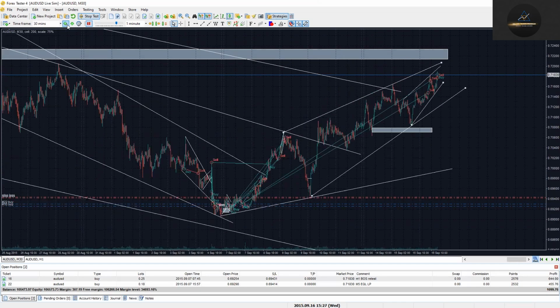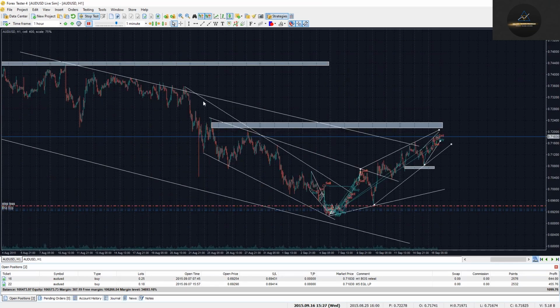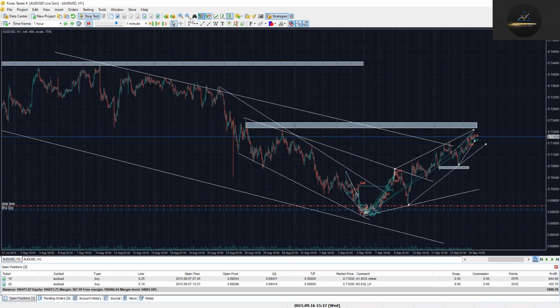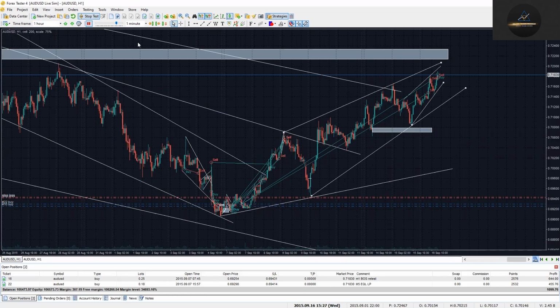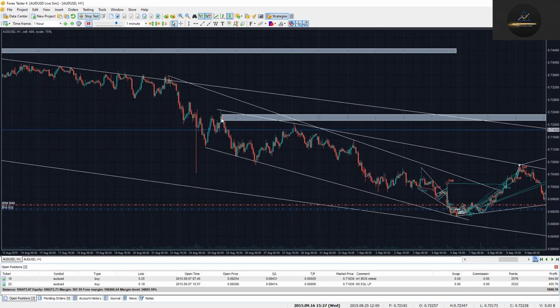We need to have a quick look at this. Let's study this up here. So we've got significant high, significant low, significant high, significant low. Okay, so this is just a pullback.